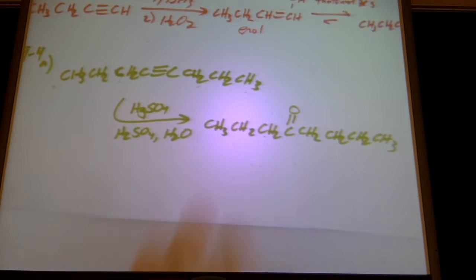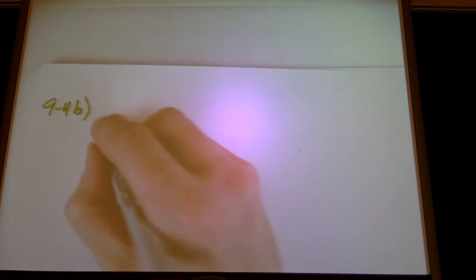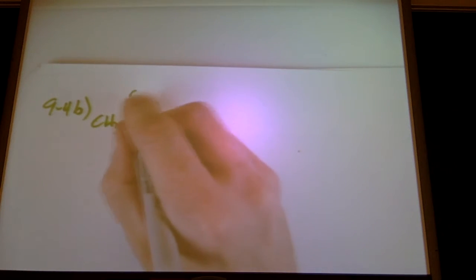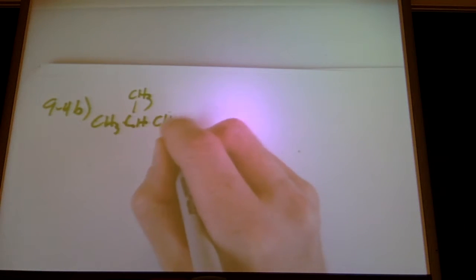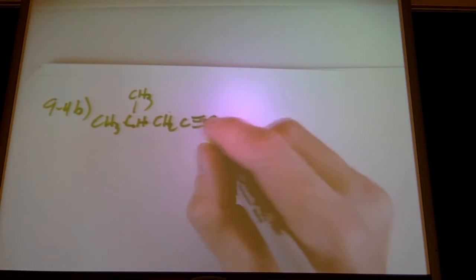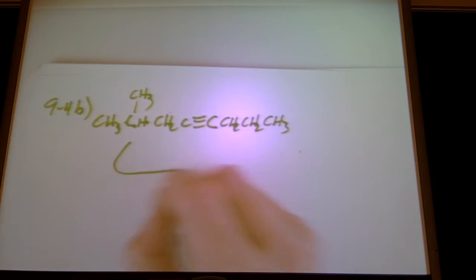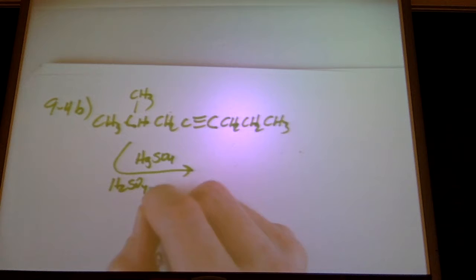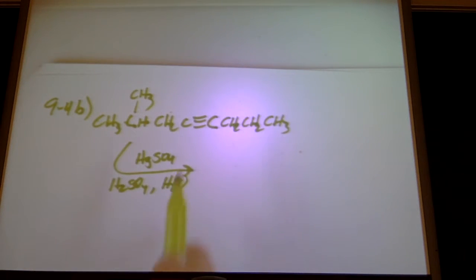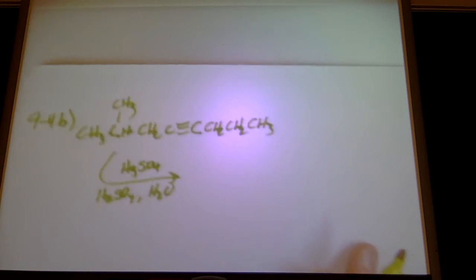But look at B. Now this one's not symmetric, so in this case I would have 2 different products.